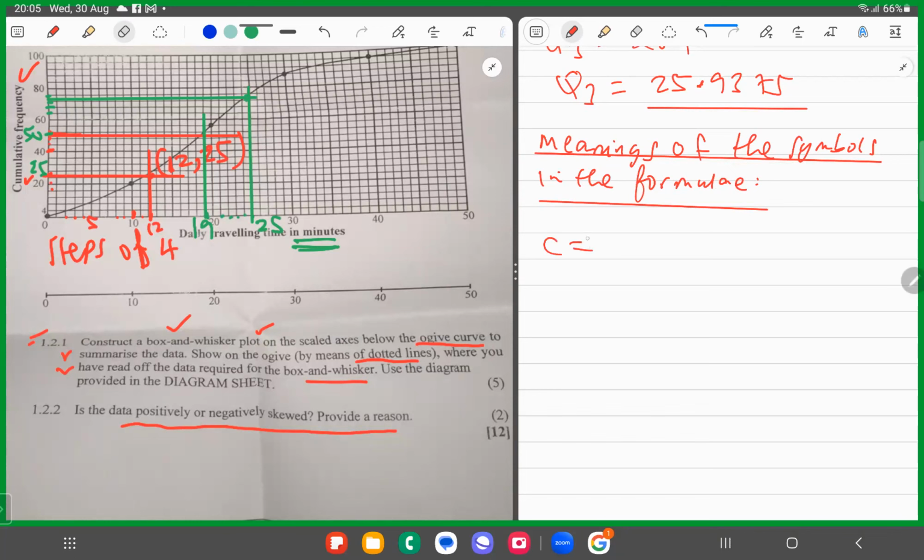Right, so C in these formulas becomes the class length. For example, the L stands for the lower boundary point.